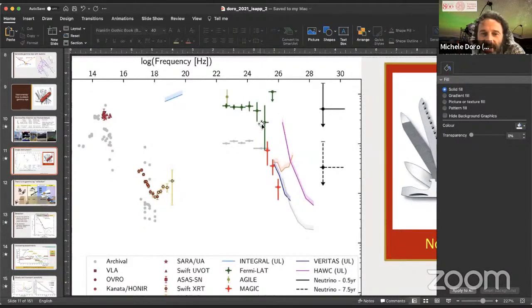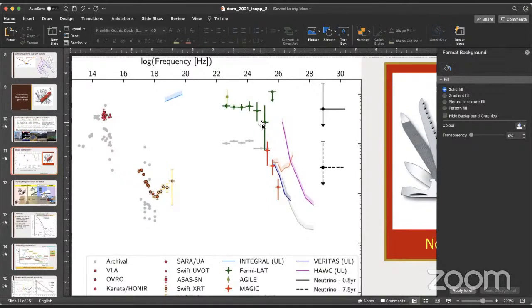The problem is that in 1 meter square, the rate of photons of 1 TeV is too small, okay? So the instrument would be sensitive, but the area of the detector is too small. There will be only 1 photon every maybe 2 years, okay?